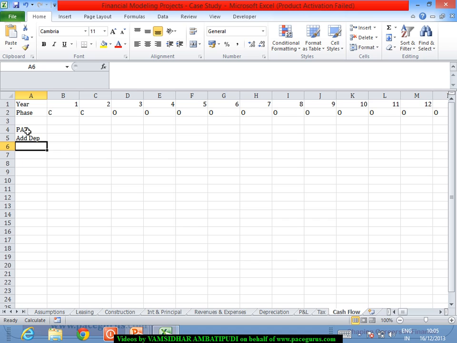So to the PAT of this particular year, I am adding the depreciation of that same year, because we add up the non-cash expenses for the period. They are not a movement of cash; they are more of an allocation. That's the reason we add non-cash expenses and treat them as a part of the cash flow.